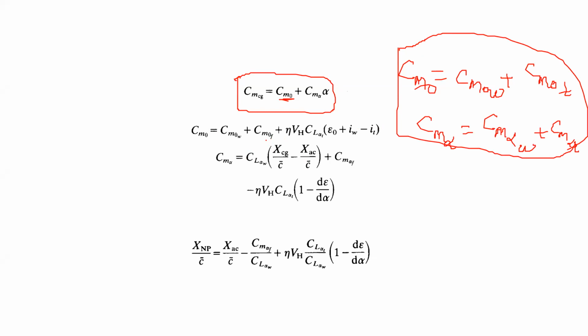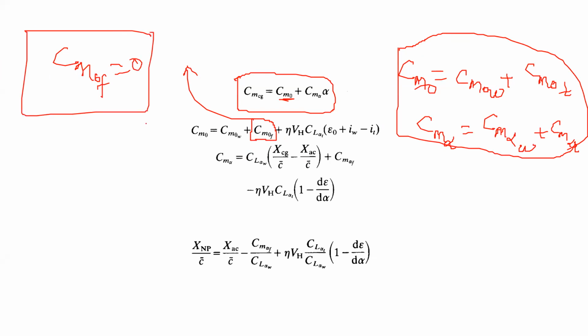Also, if you want to be very careful, you can have the fuselage contribution also, but it's hard to quantify it through some analytical expression. So in very basic analysis, you simply ignore CM naught F as 0. You can take it as 0 and simply ignore it.